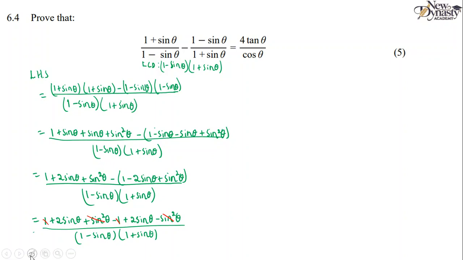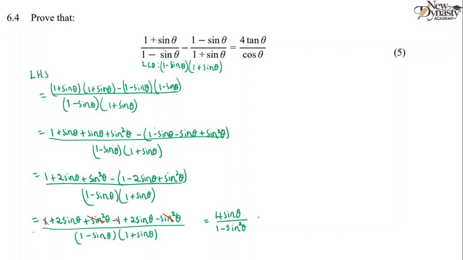So you're going to be left with 2 sine theta plus 2 sine theta, which is 4 sine theta, divided by, below here we have got the difference of two squares. So we can write it as 1 minus sine squared theta. That is the difference of two squares, basically.